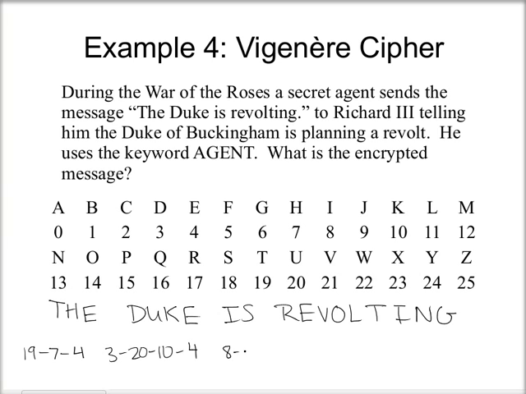I is 8, and S is 18. R is 17, E is 4, V is 21, O is 14, L is 11, T is 19, I is 8, N is 13, and G is 6. So these are the numbers that correspond to my message.